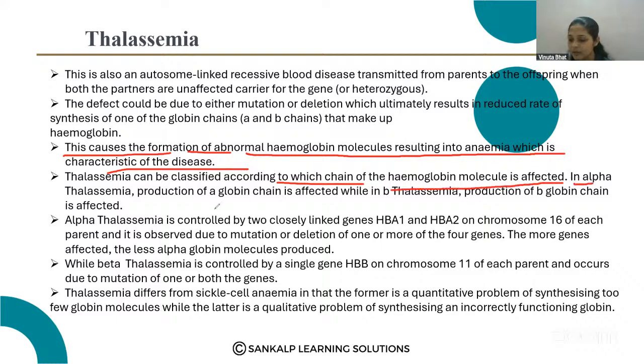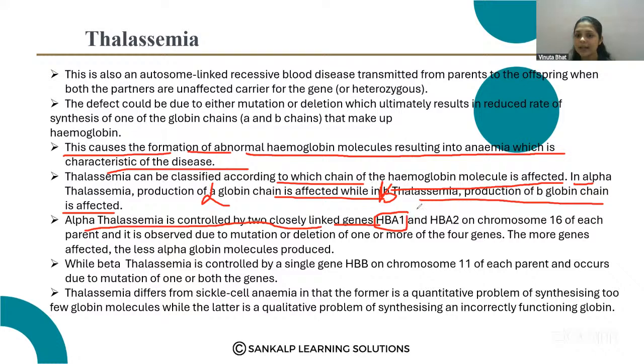In alpha thalassemia, production of the alpha globin chain is affected. In beta thalassemia, production of the beta globin chain is affected. Alpha thalassemia is controlled by two closely linked genes, HbA1 and HbA2. These genes are responsible for the production of the alpha globin chain.